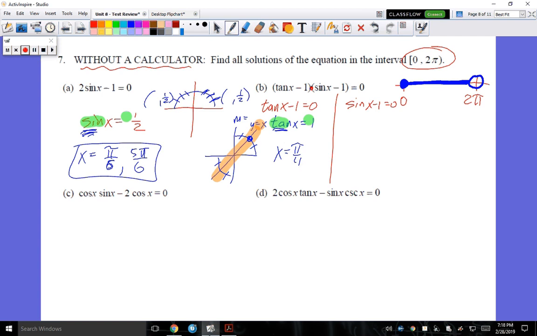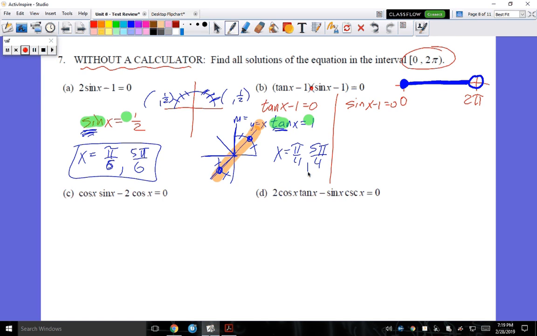And then 2, 3, so here we go. 2, 3, 4, 5 pi over 4. Alright. And this is where it's a positive 1. So pi over 4 and 5 pi over 4.